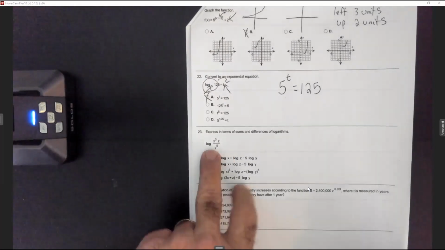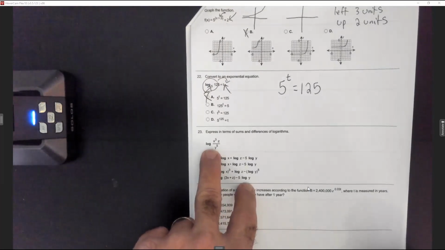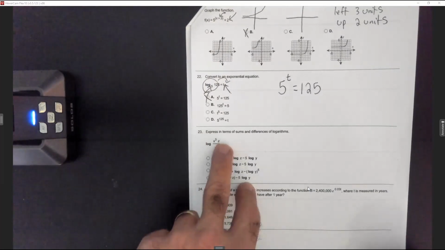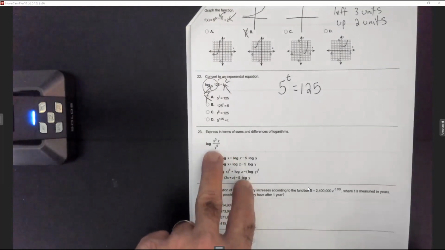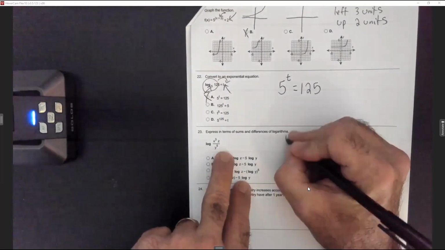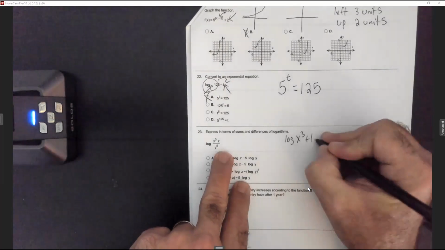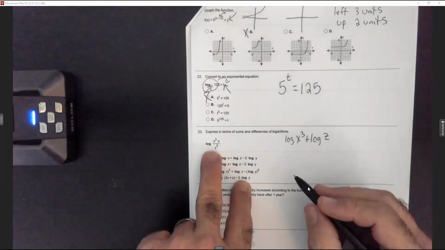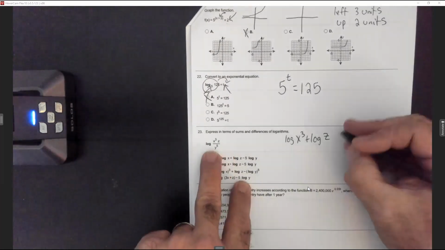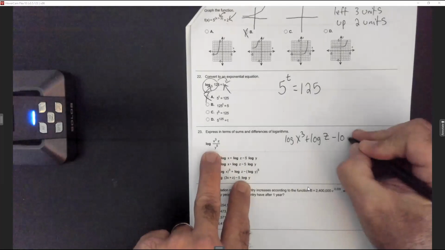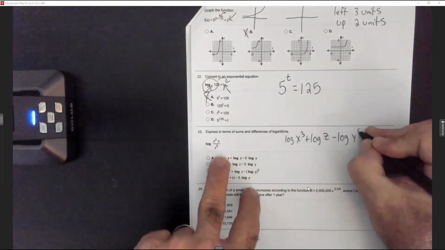All right, 23. When I rewrite this with logs, if it's on top, it's positive. If it's on bottom, it'll be negative. So I'm going to do the log of x to the third plus the log of z. Those two factors are on top, they're positive, minus the log of y to the fifth.